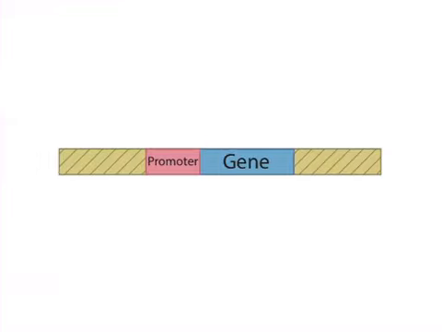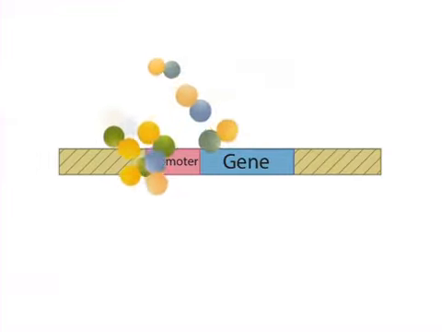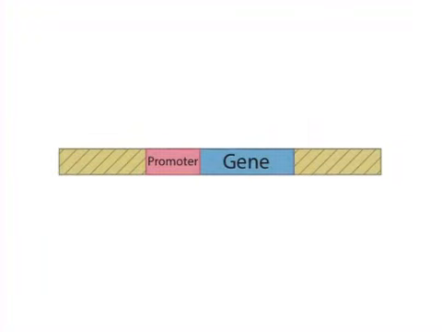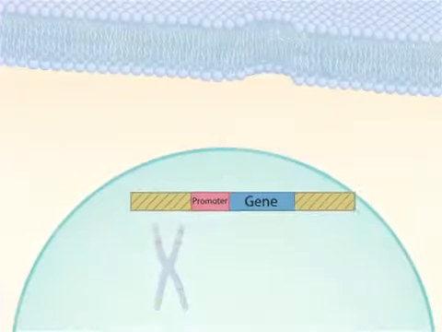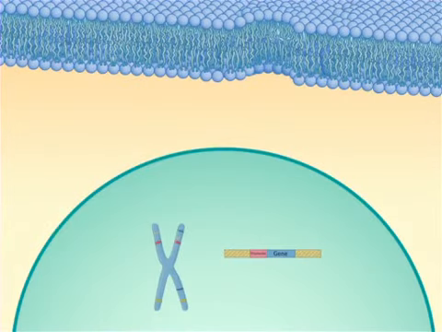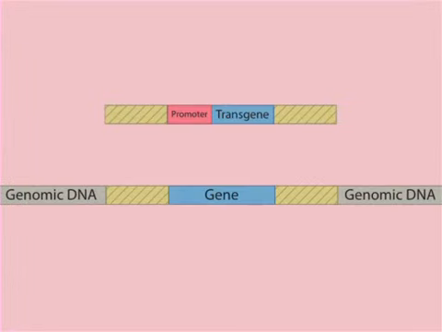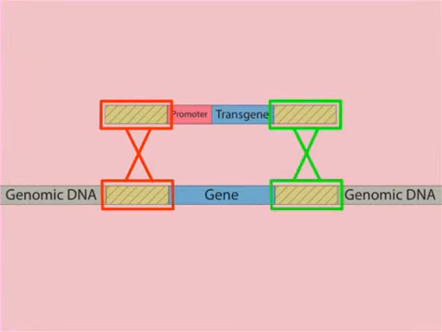Inducible promoters, which are activated by chemical administration or exposure to high temperatures, can also be used to control timing of gene expression. To be stably expressed in tissues, a transgene must first integrate into the genome. To accomplish this, transgenes can include flanking DNA sequences that match areas of the organism's genome.